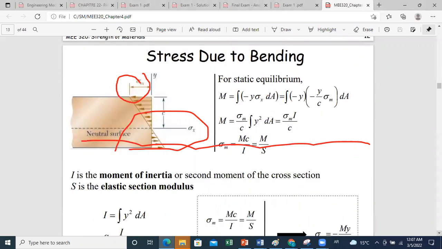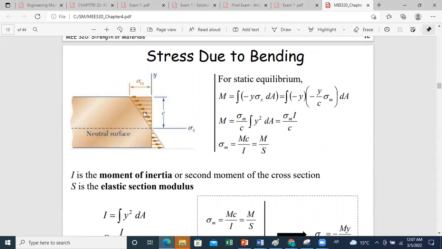So to summarize, as we can see in this figure, we have developed the general expression for normal stress, how it's varying with y. It's a linear variation. It's zero at the centroid, which is the level at which we have the neutral surface.